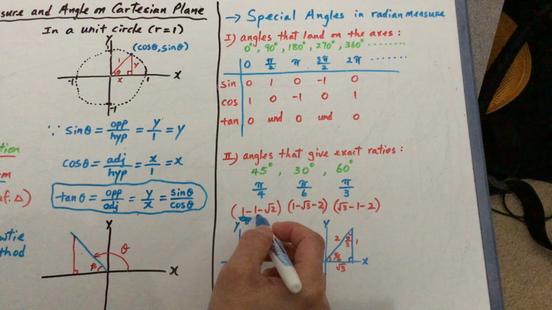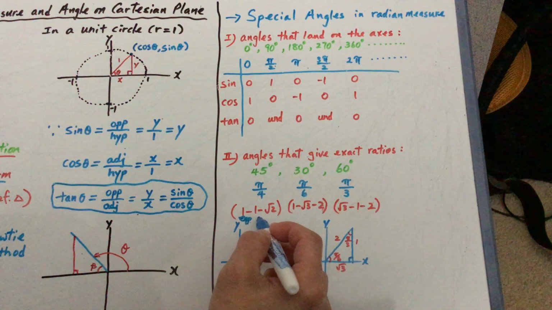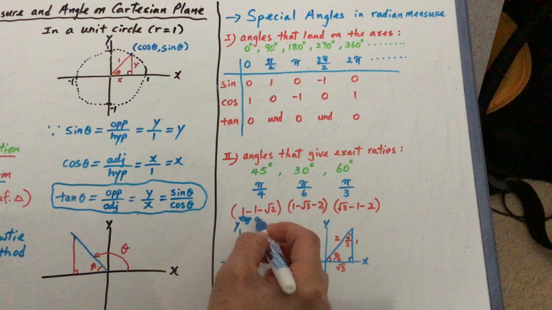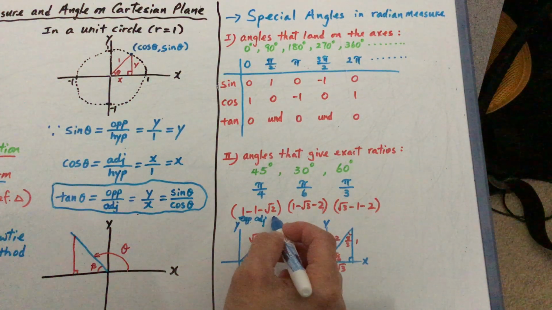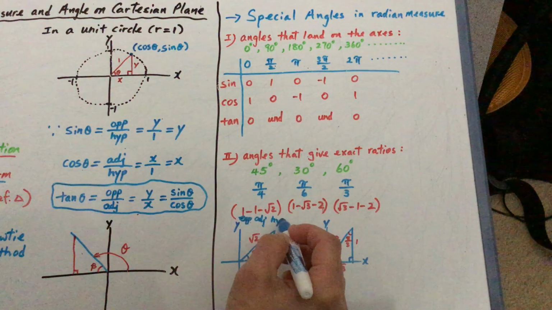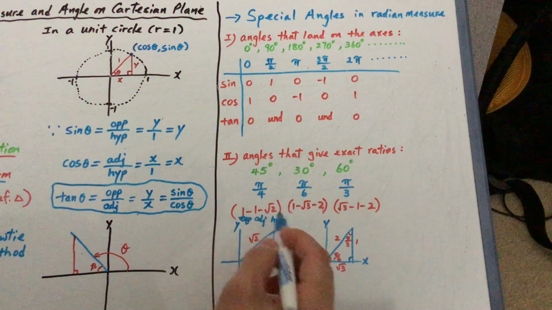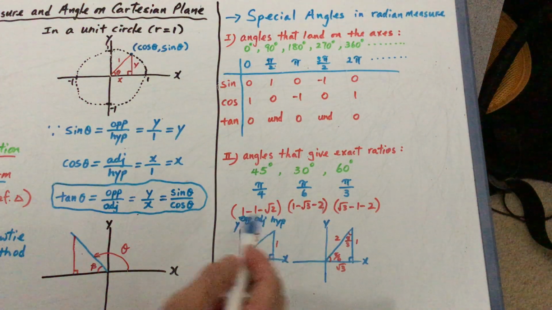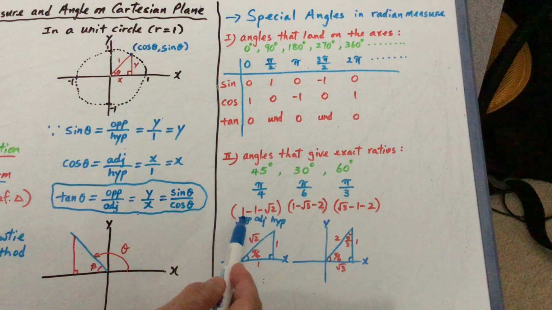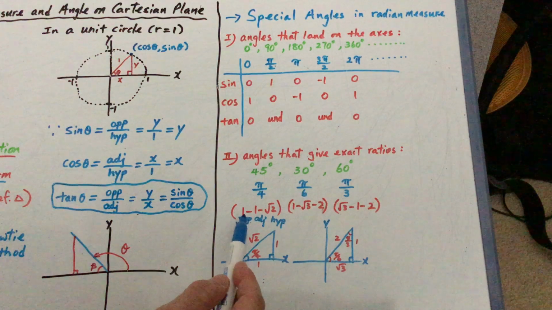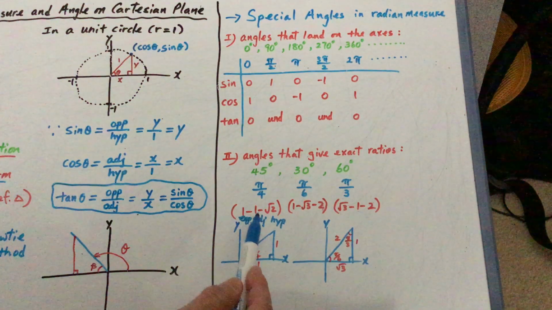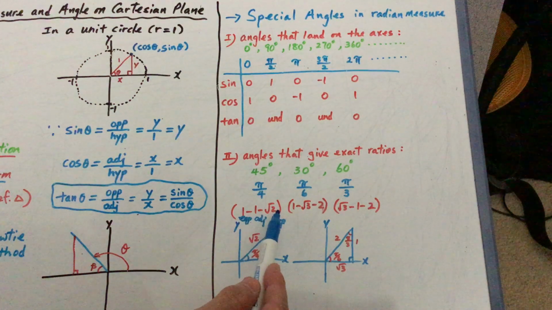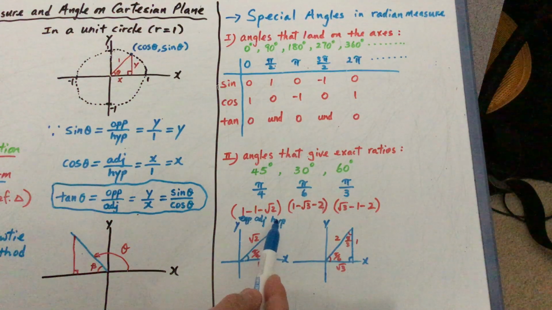And the second number here represents the adjacent side. And the last number is the hypotenuse. Okay? So always follow that order. Your first number you relate to the opposite side length, the second number you relate to the adjacent side length, and the last number will be the hypotenuse side length.